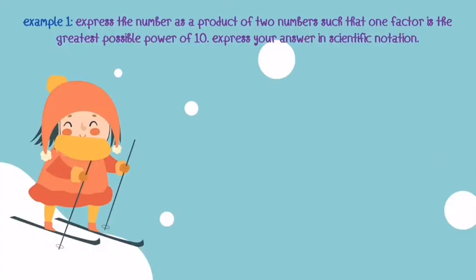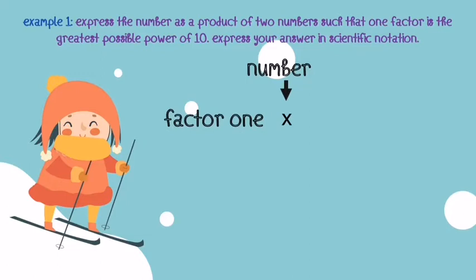Here is our first example. Express the number as a product of two numbers such that the second factor is the greatest possible power of 10. Notice, class, that there is no mentioned particular amount of number. So you can just randomly select any number. So let's say you have here 12 million.